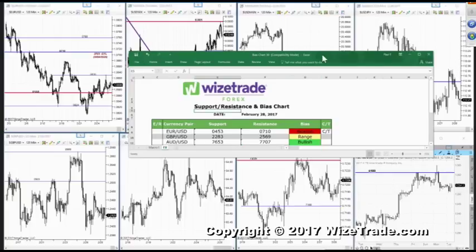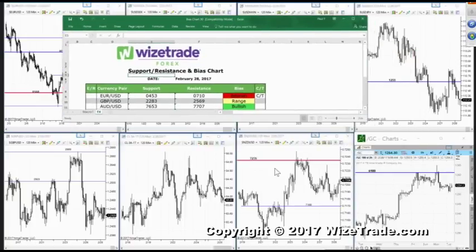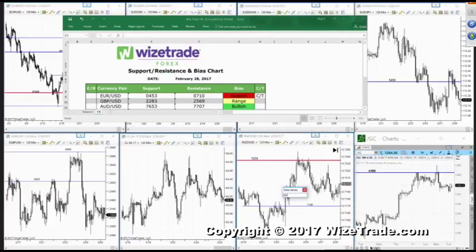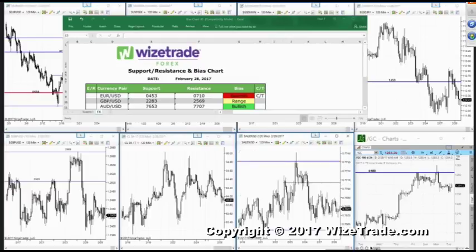So let's take a look at the Aussie dollar and see what it did. So we stayed in a relatively tight range in here. We had 76.53, didn't make it down here, 77.07, so let's take a look.